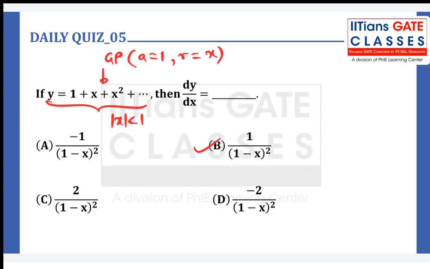But usually they don't give this explicitly, because if mod of x is greater than 1, then you don't have any closed form solution, and then you can't do anything. So sometimes it is implicitly mentioned or implied. So it's a very interesting question. We can use the concept of GP.